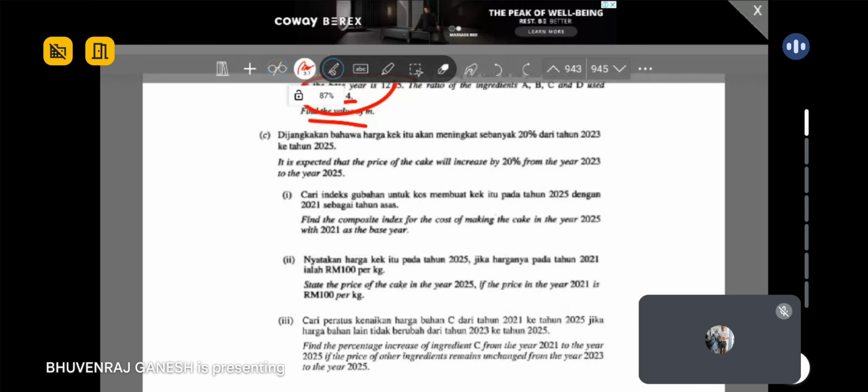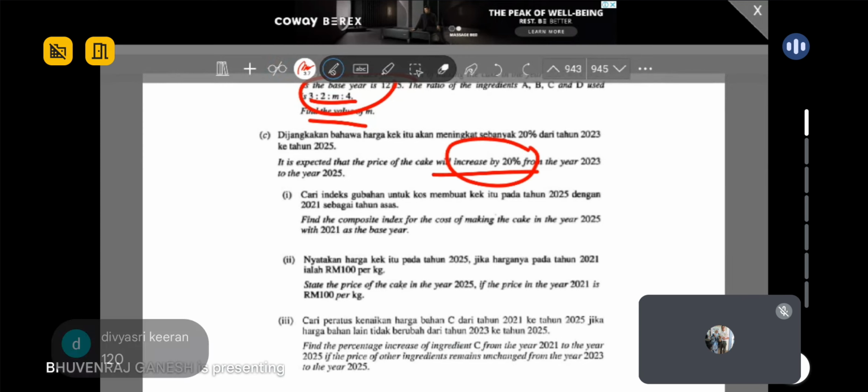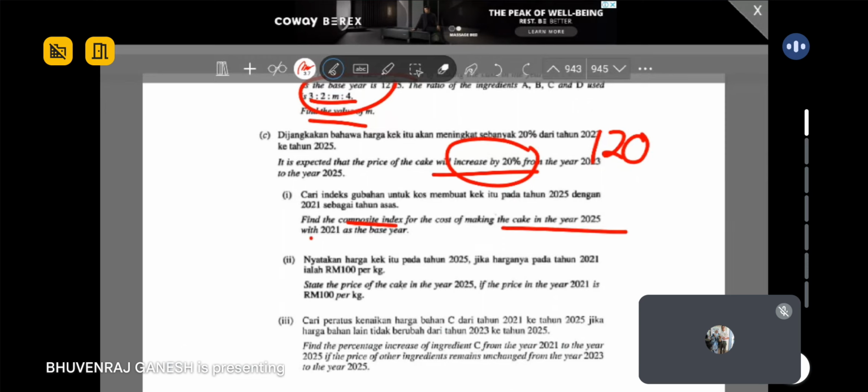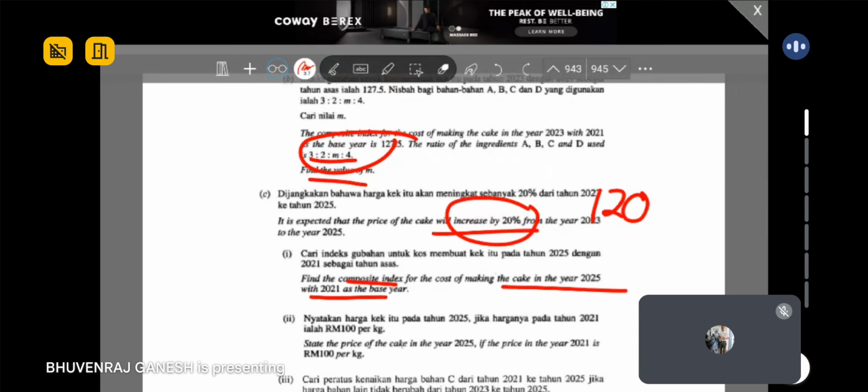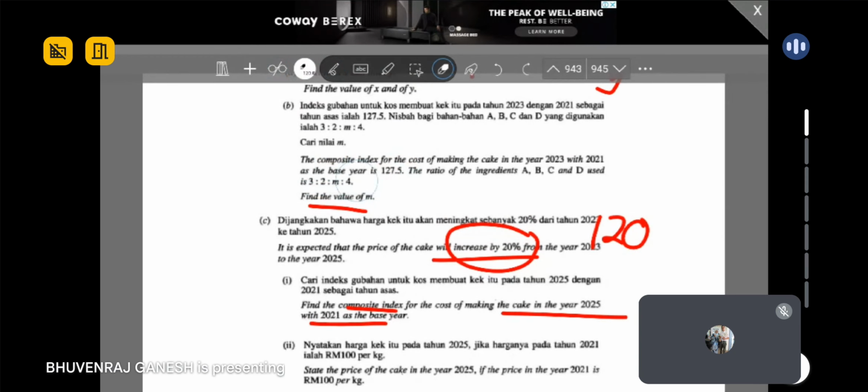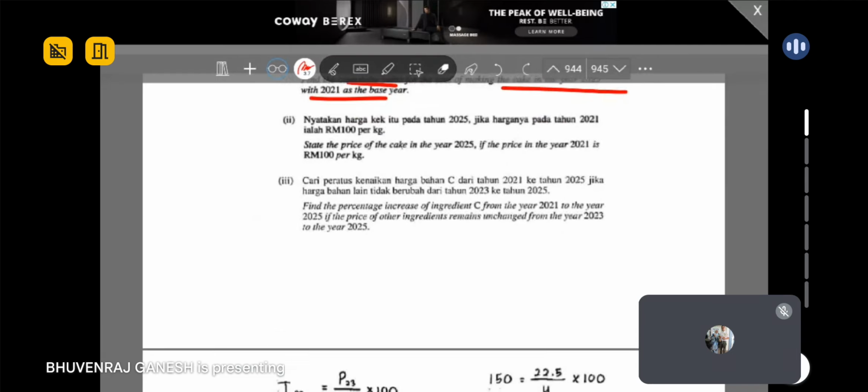Next one. Question C1. Okay, so when they say increase 20%, guys, what does it mean? May I know? Bertambah 20%. Berapa nilai dia? Yes, always remember 100 plus 20. 120. Okay, so they want the composite index 2025 based on 2021. Okay, so 2023 based on 2021, you have the value 127.5. Okay, so you just need to use the 3 years chain rule. Okay, kamu guna petua rantai. Okay, so what is the formula?